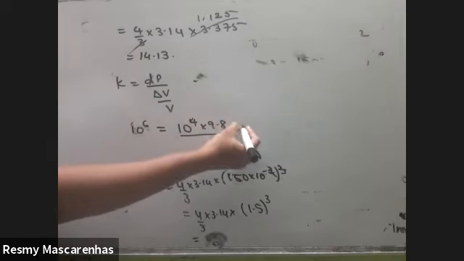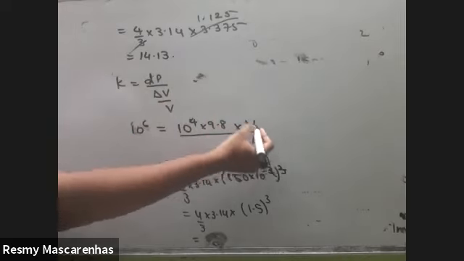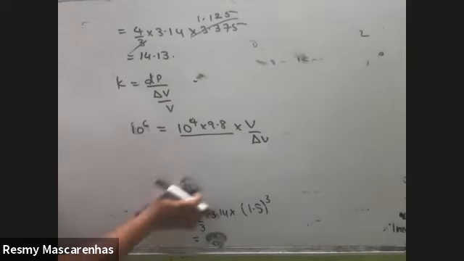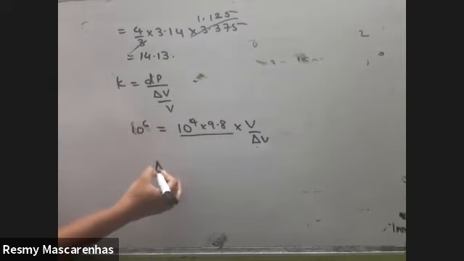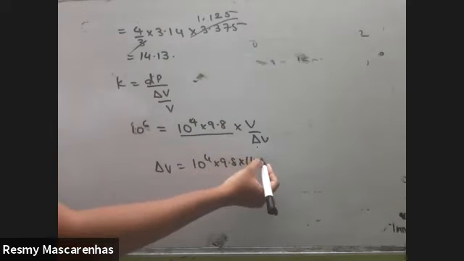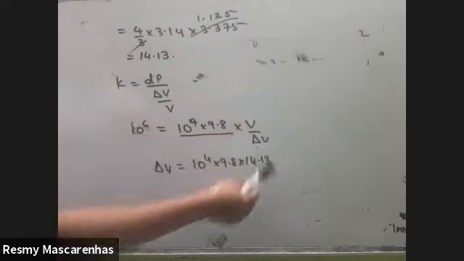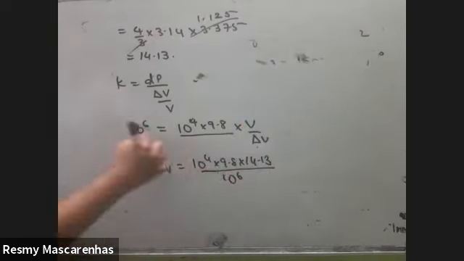If you reverse this, V will come here. V you can substitute, 14.13. Delta V will come this side. Even if you don't calculate, this part you can put here and then calculate. Now you multiply and write your answer.